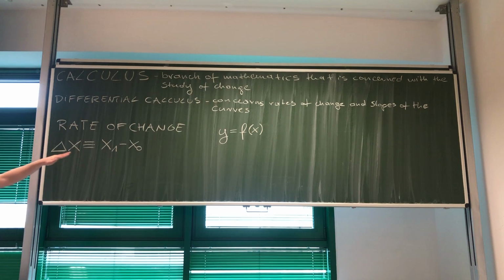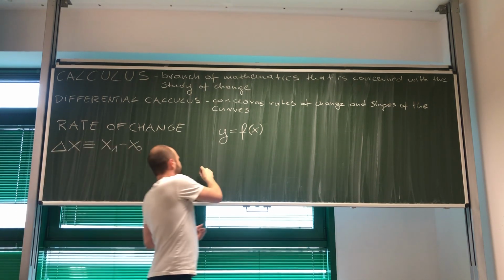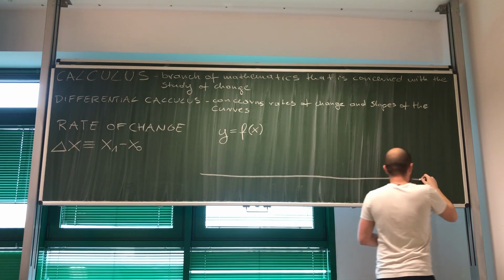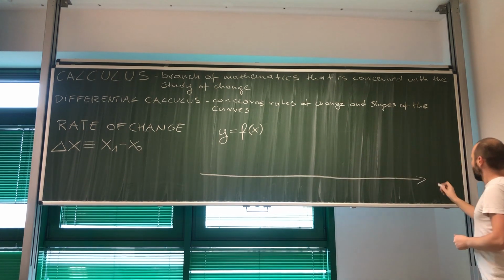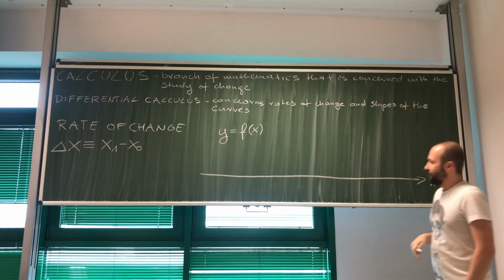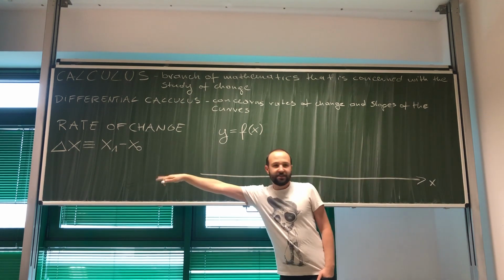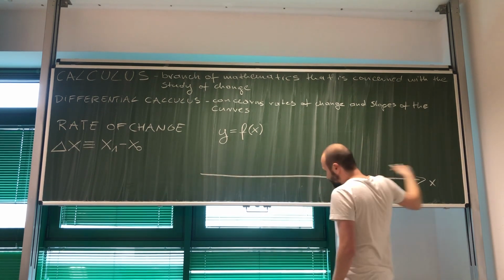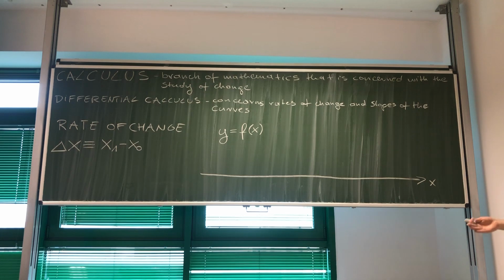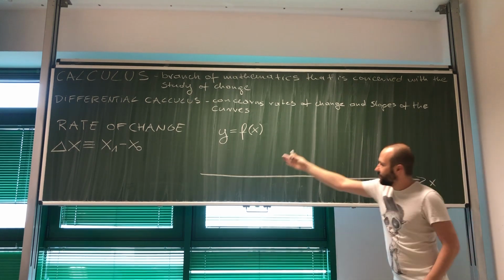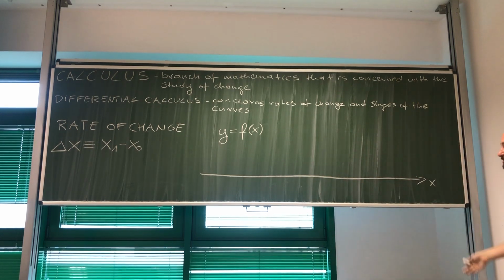But what does it mean, x1 minus x0? The best way to see it is on the axis. Here we have some axis of values of x. It starts from negative infinity and it goes to positive infinity. Of course, the numbers over here are growing.